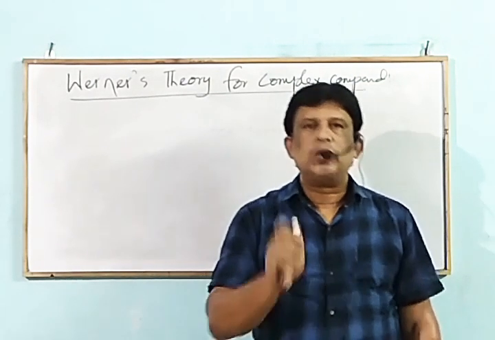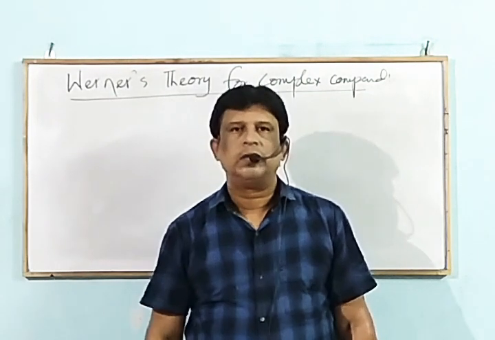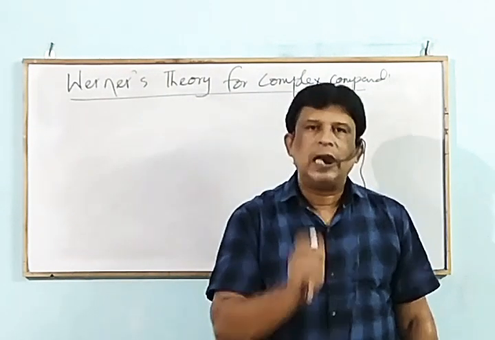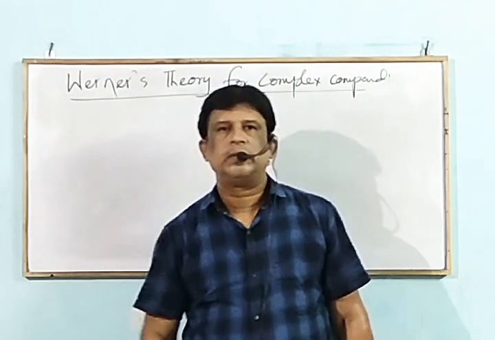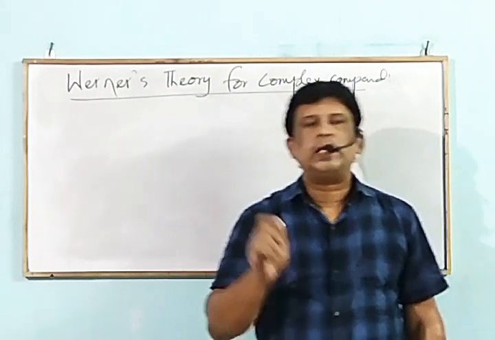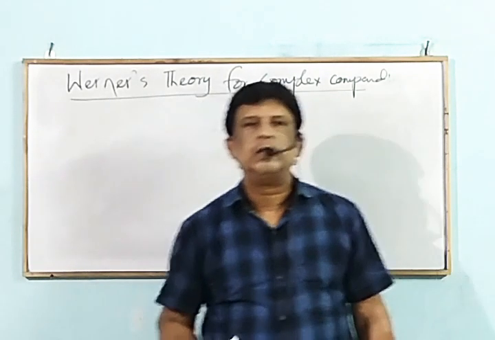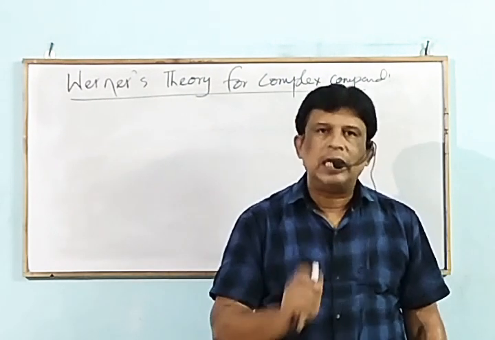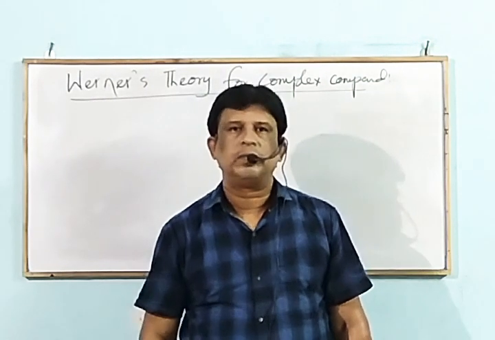Primary valency is shown by the metal in the formation of a simple salt, while secondary valency is shown by the metal in the formation of a complex. I repeat again. Primary valency is shown by the metal atom in the formation of a simple salt, while secondary valency is shown by the metal atom in the formation of a complex.